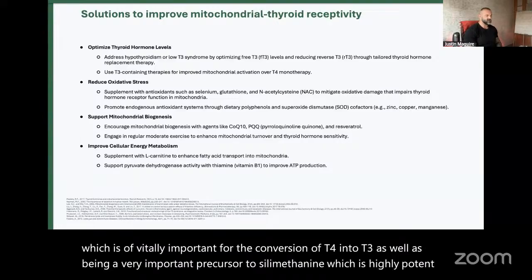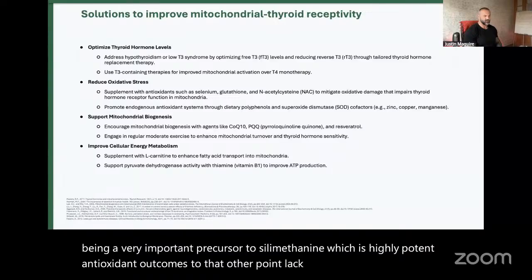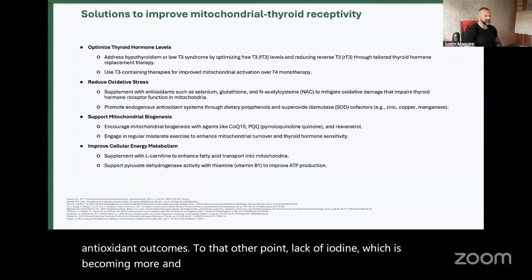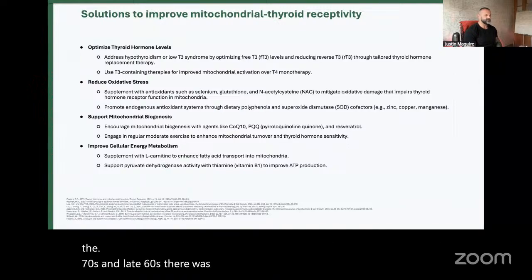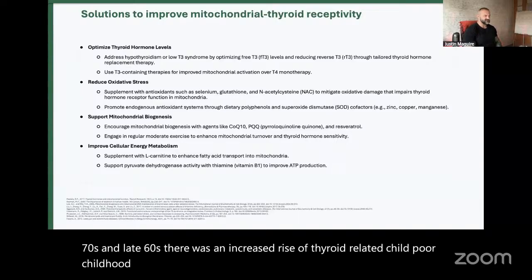To that other point, lack of iodine is becoming more and more prevalent in our day and age. This is also a reason why table salt has been iodized, as in the late 60s and 70s there was an increased rise of thyroid-related poor childhood neurological development, which they discovered had a lot to do with insufficient iodine intake.